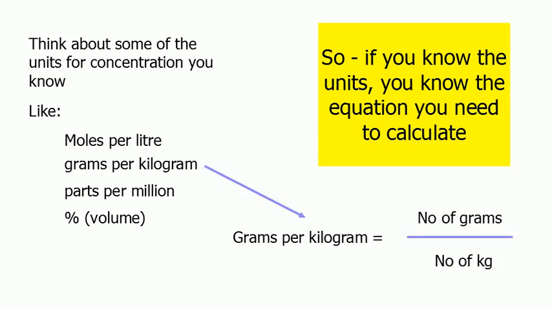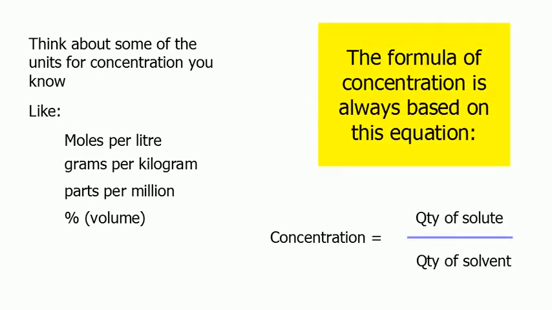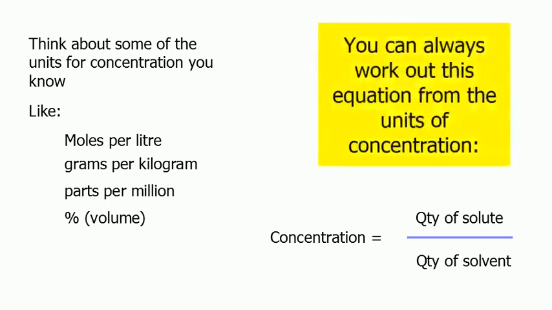Or if your concentration is in grams per kilogram, you need to divide the number of grams by the number of kilograms. So the formula of concentration will always be based on this general formula. The concentration of the solution will be related to the quantity of the solute divided by the quantity of the solvent.